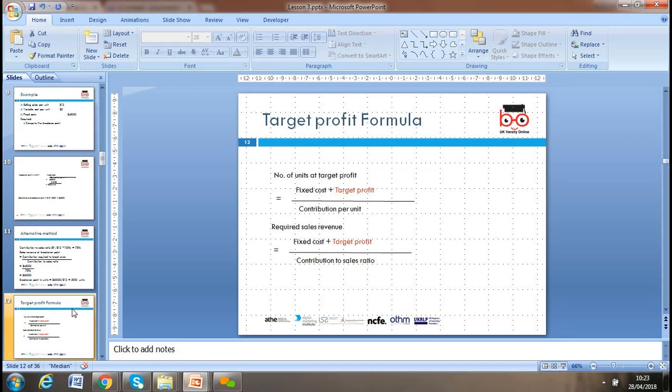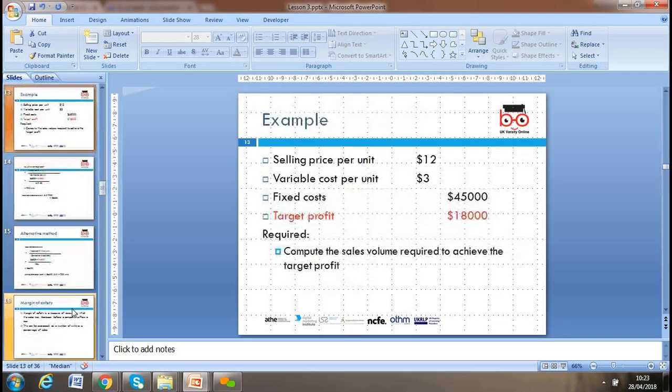So fixed cost divided by contribution, again per unit. Now we want to earn a target profit. For example, my selling price is 12, my variable cost is 3, and fixed cost is 45,000, and there is a target profit that we want to earn. Can we calculate?